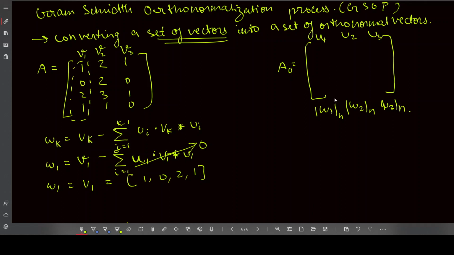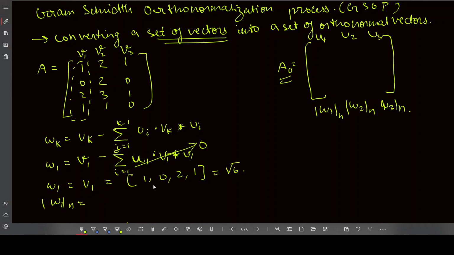Now I told you that u1, which is one vector from this set of orthonormal vectors, is basically w1 normalized. So I'm going to normalize w1. Take the magnitude of this. This is basically 1 square plus 0 square plus 2 square plus 1 square. That's under root 6.